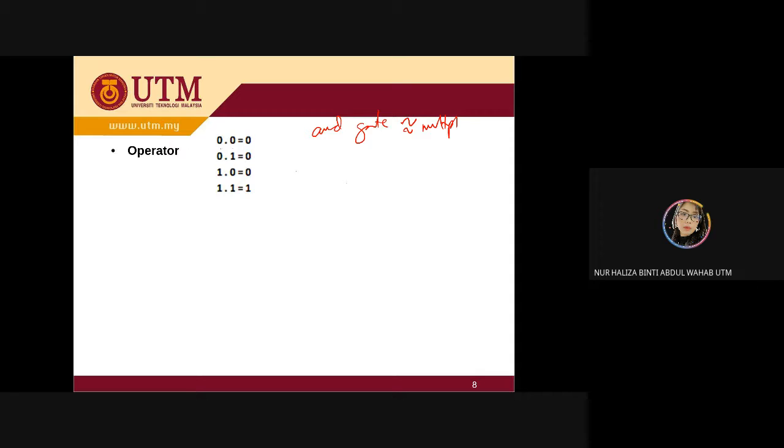So you can see whatever number, if you have at least one zero, you will get 0 as a result. That is the multiplication in mathematics. So the operation will give a 1 for the output only if all the inputs are 1.